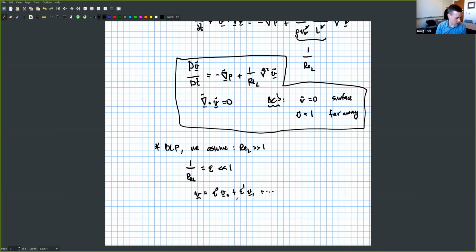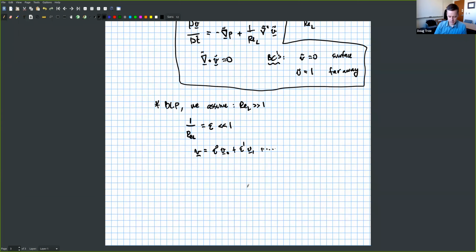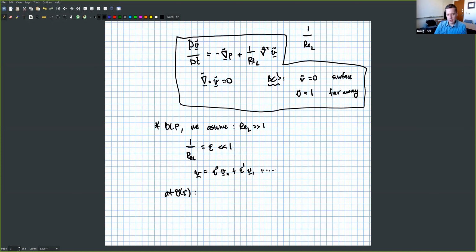Okay, and so at order epsilon to the 0, recall that that means that the term with the epsilon in it is going to go away, right? That term goes away. So at order 0, I get back dv dt equals minus grad p. And I get del dot v equals 0.